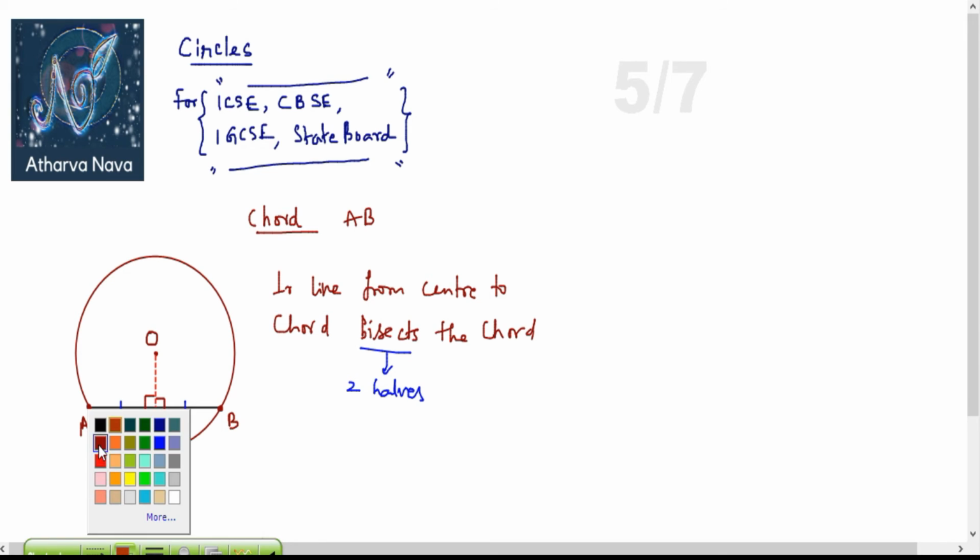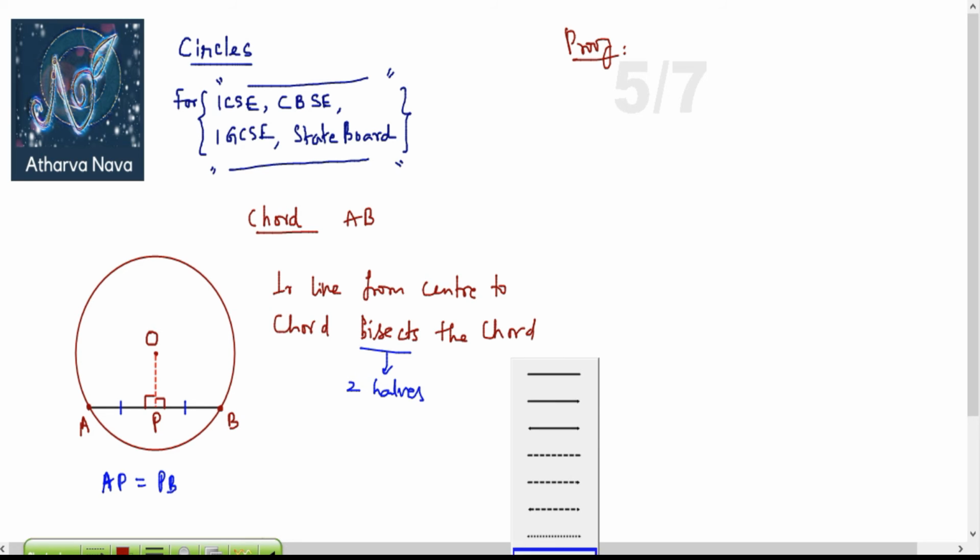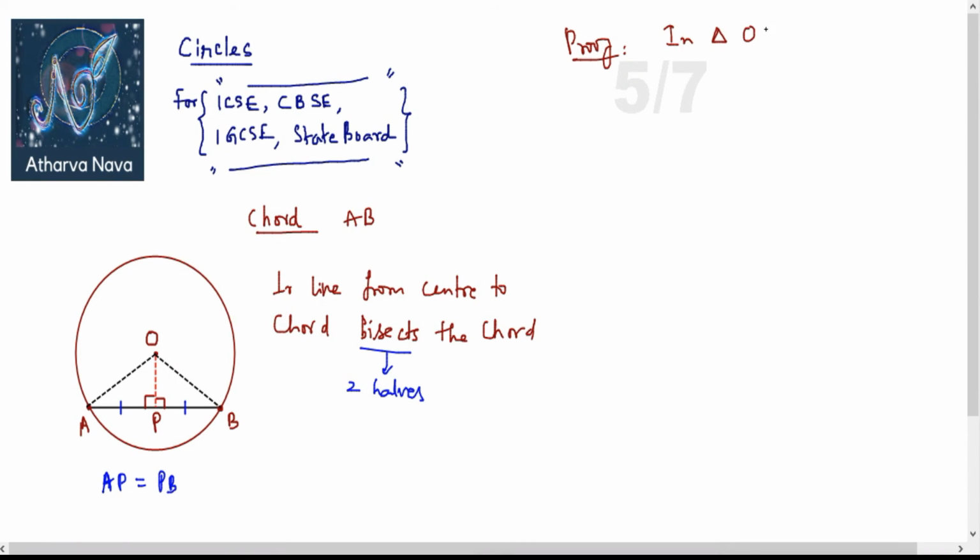Let me start writing the proof. We join a dotted line from O to A and O to B. Now you can see there are two triangles, triangle OAP and triangle OBP, which we will soon prove congruent.